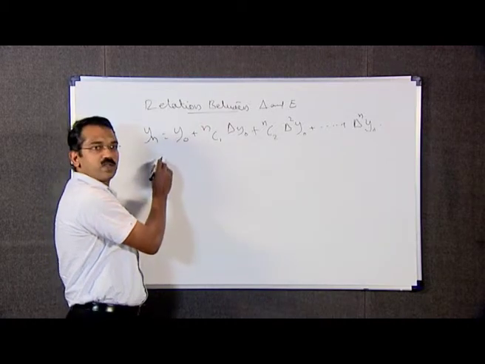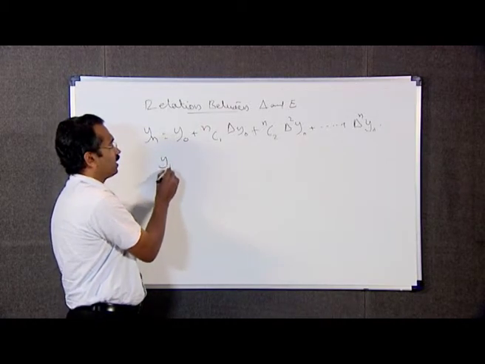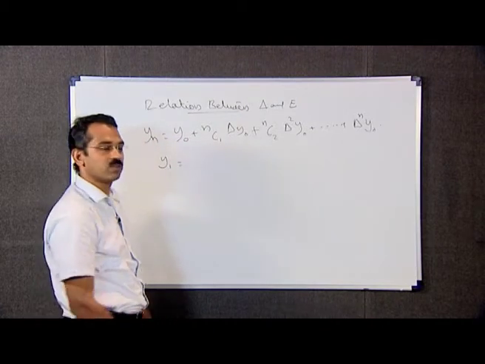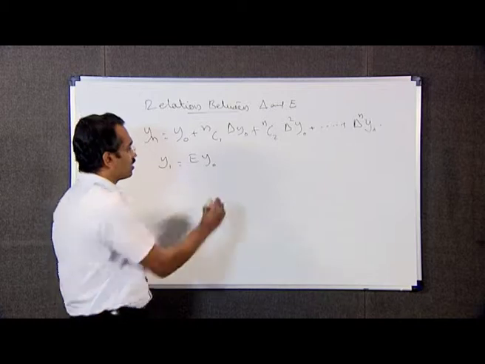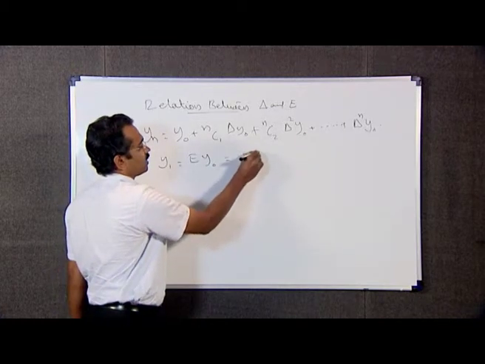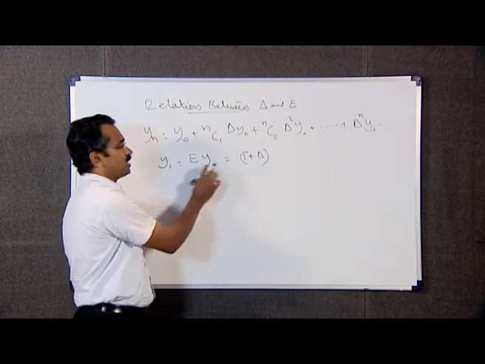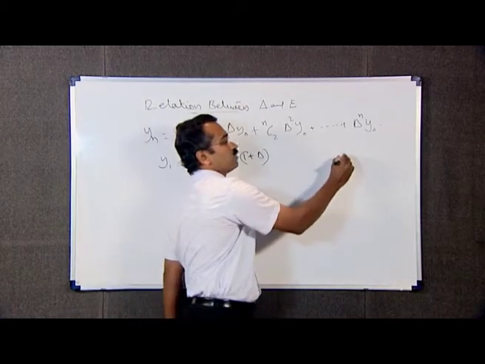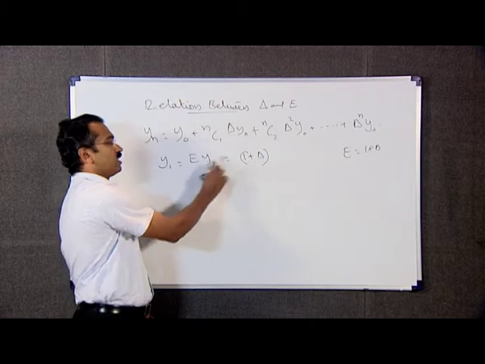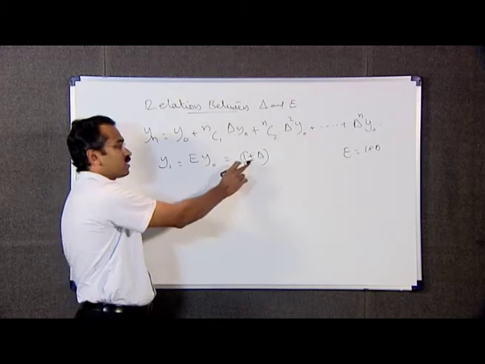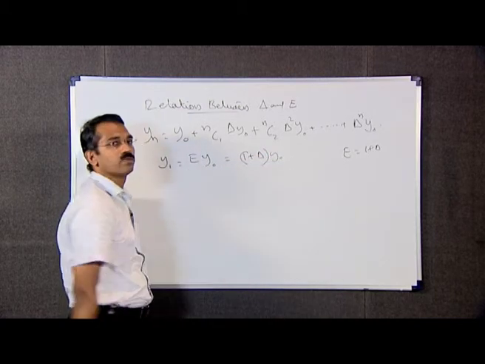By the definition of the shift operator, we can write y1 as E of y naught. That is equal to 1 plus delta, using the identity we just proved, E equal to 1 plus delta, acting on y naught.